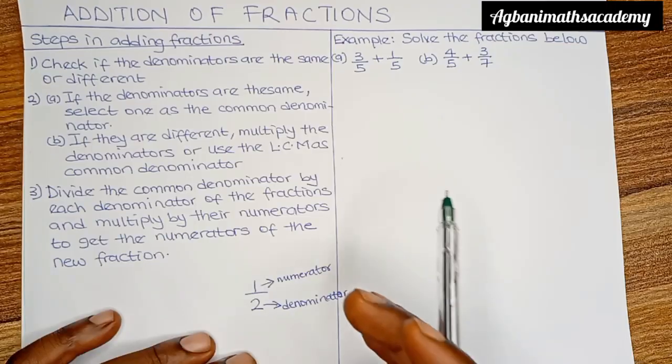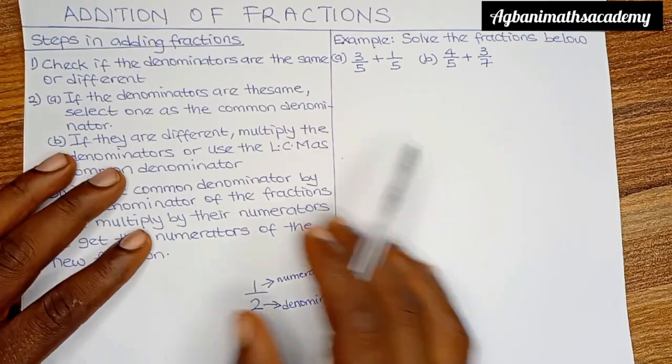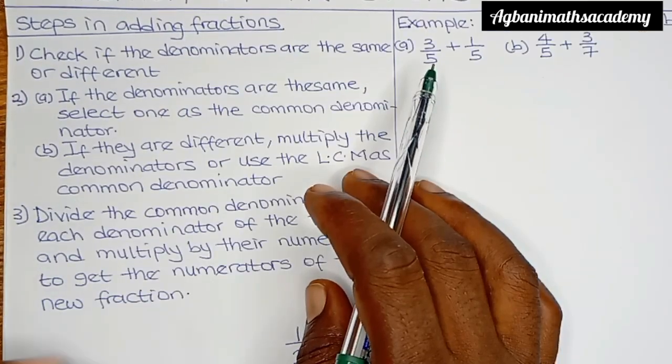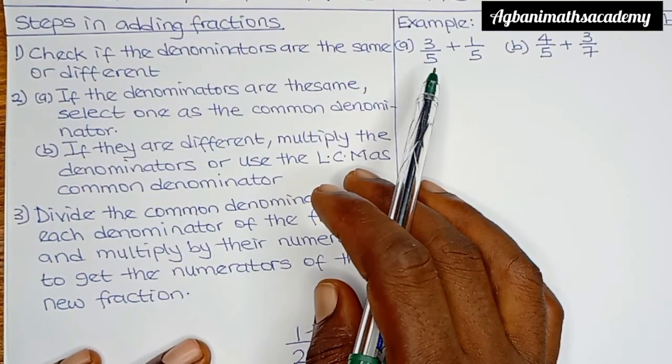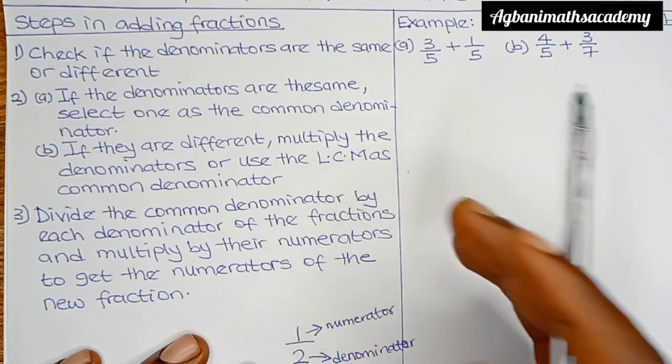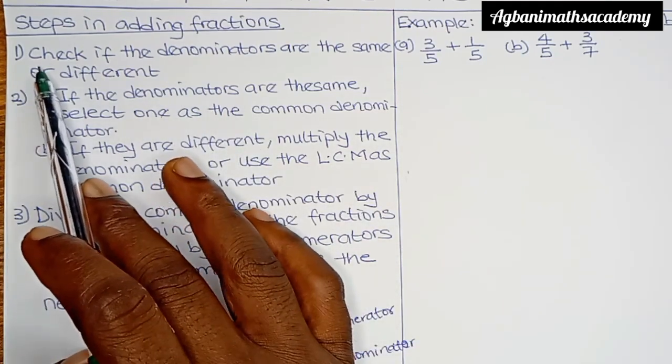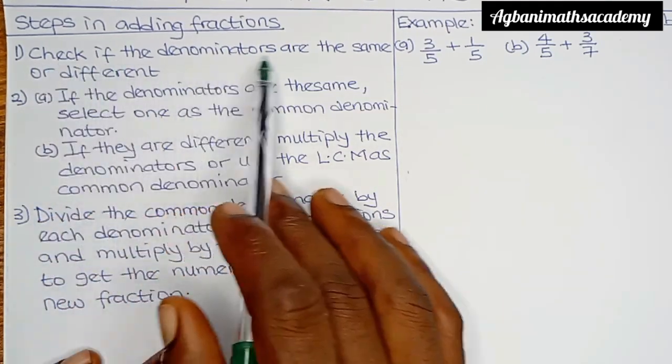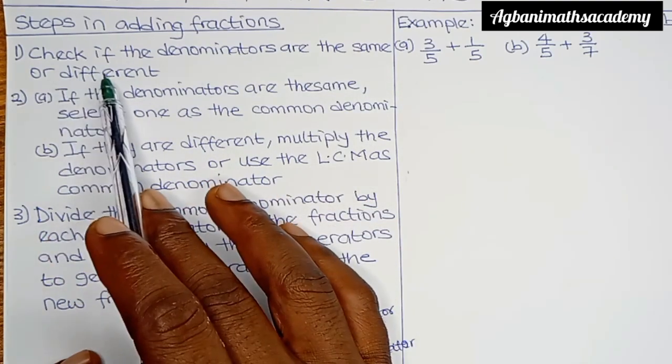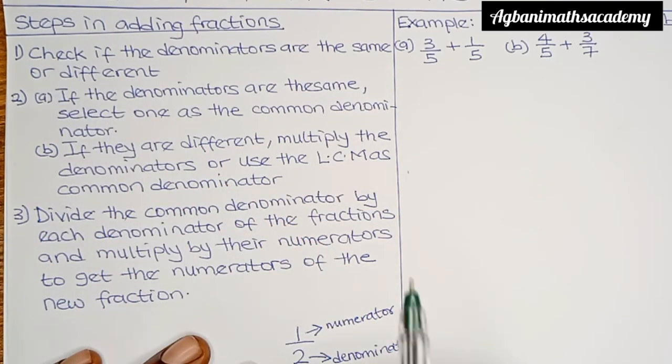okay? So in order to add fractions together, we're expected to follow these three steps. These three steps will help us in adding fractions together. Let's look at these steps. The first one, we are told to check if the denominators are the same or different. So whenever you are adding fractions together, the first thing you need to observe, are the denominators the same or are they different? This will determine our line of action.